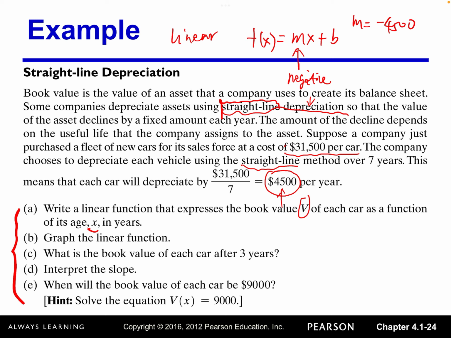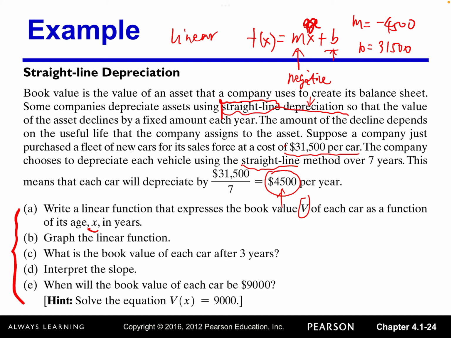All right, so we have the slope. Now we're looking for the y-intercept. What is the y-intercept? That means when x equals 0, when it's new. Age is what x stands for. So when the car is brand new, what is the purchase value? That is the y-intercept, so the question also gives us b equals 31,500.